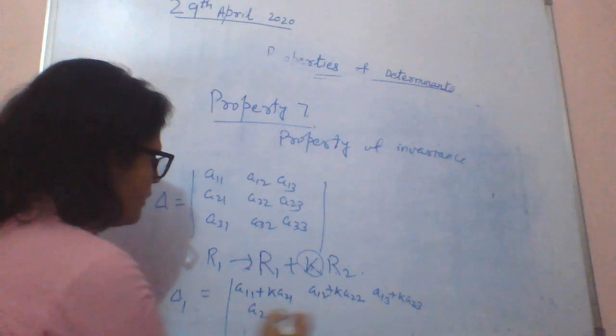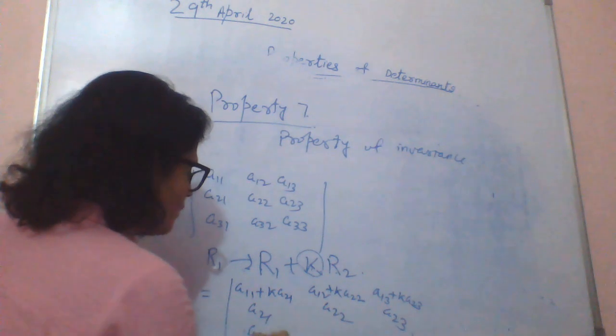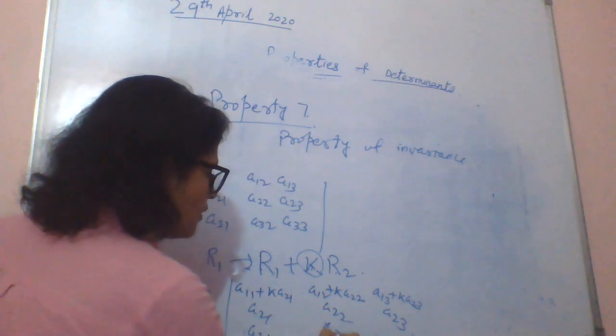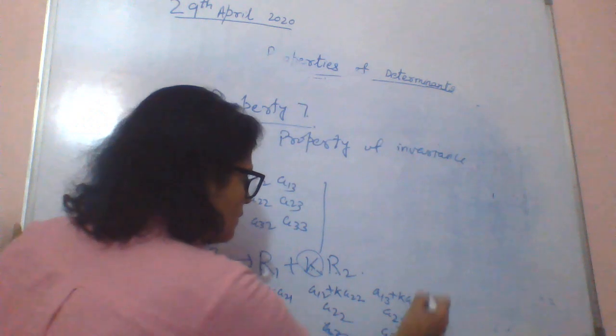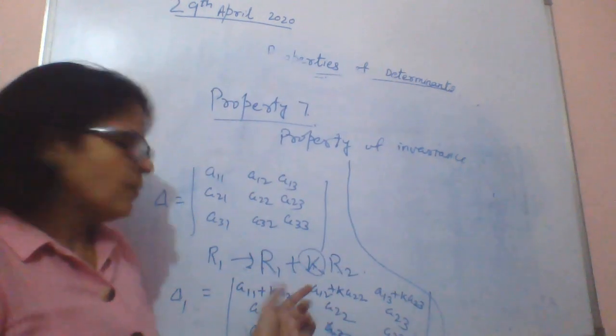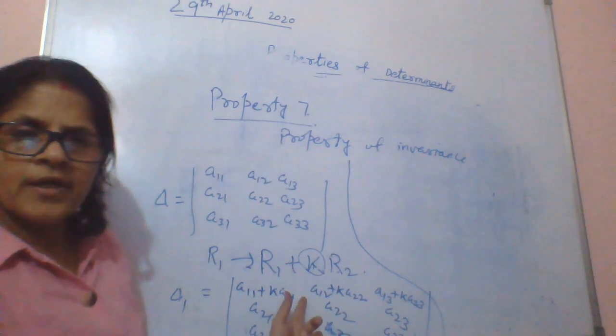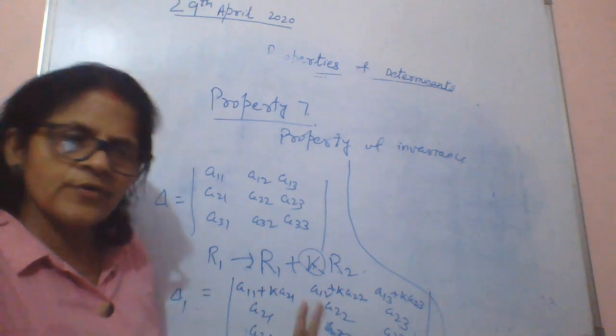Now the rows a21, a22, a23, a31, a32, a33. We have studied that if each element of any one row or column is the sum of two terms, the determinant is expressed as the sum of two determinants.